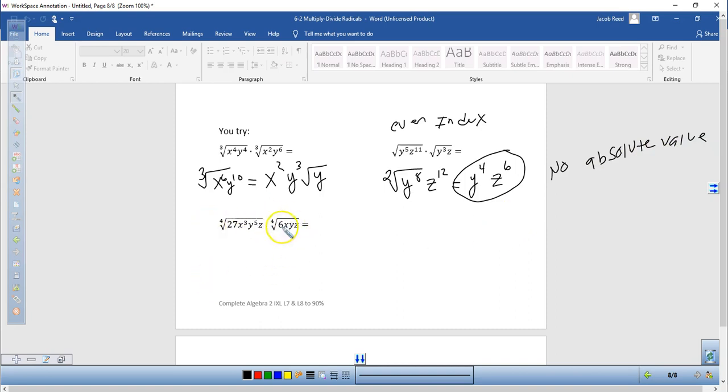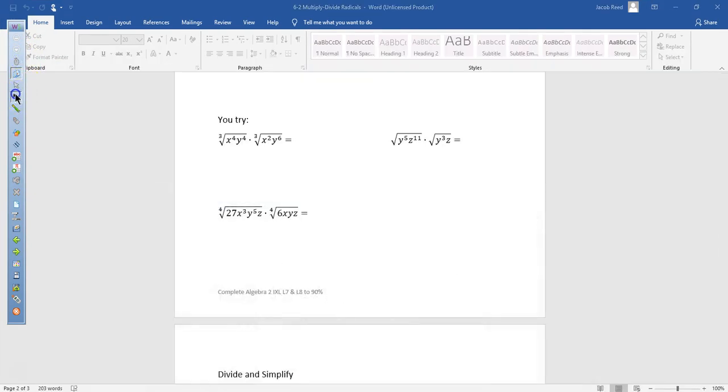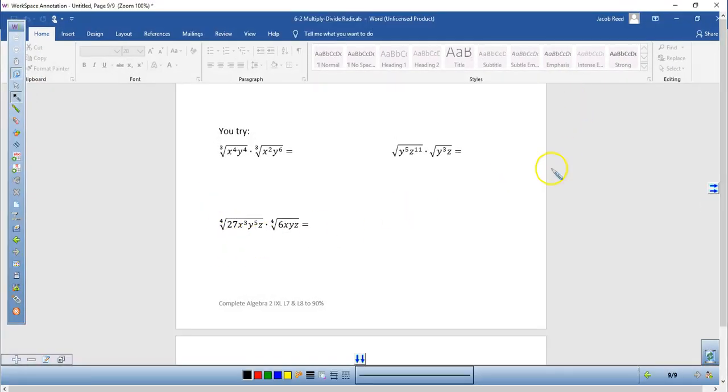Alright, and last one down here, 4th roots. I'm going to go ahead and clear my page. That way I can work this one up here, 4th root, multiplying my numbers together. So 27 and 6, multiply those together, 7 and 6 is 42. 2 and 6, that's going to be 12, plus 4 is 16, so I've got 162.